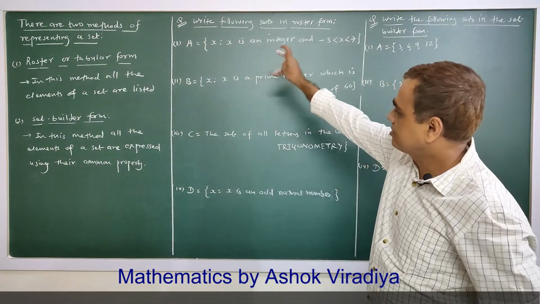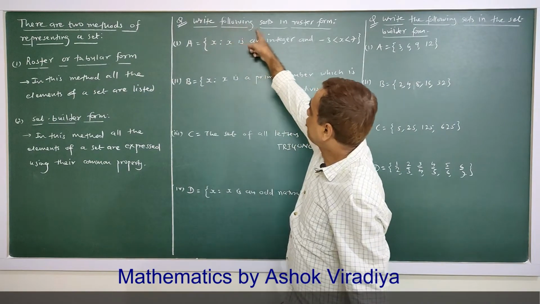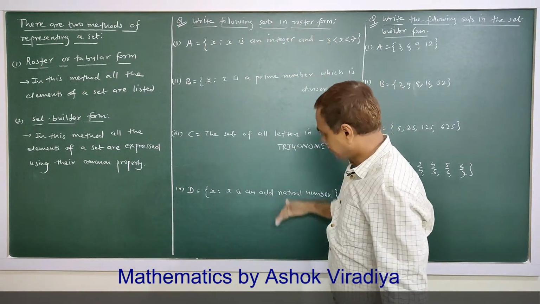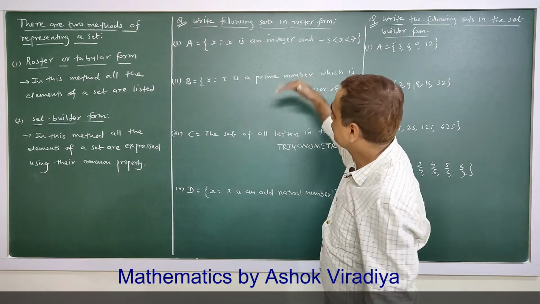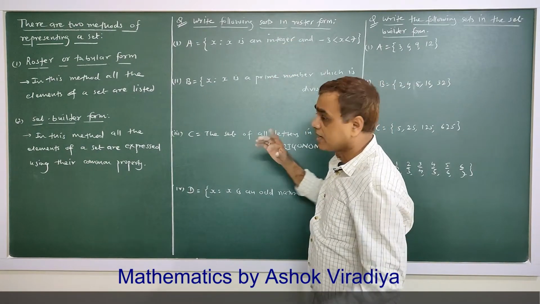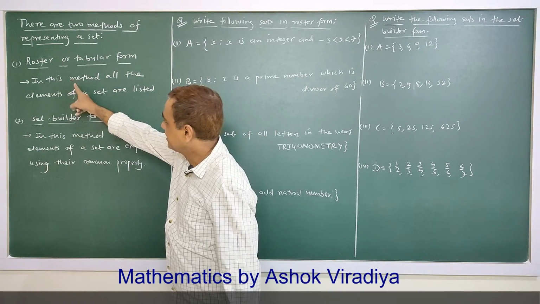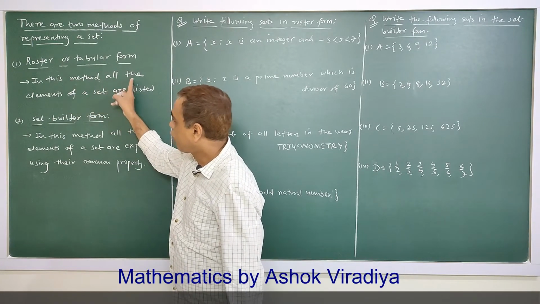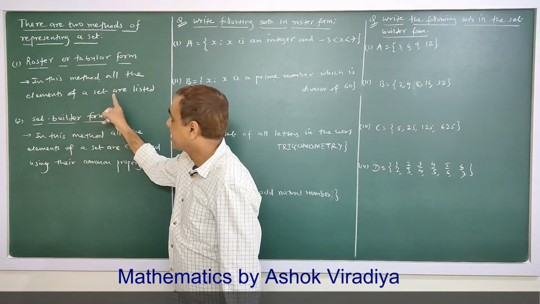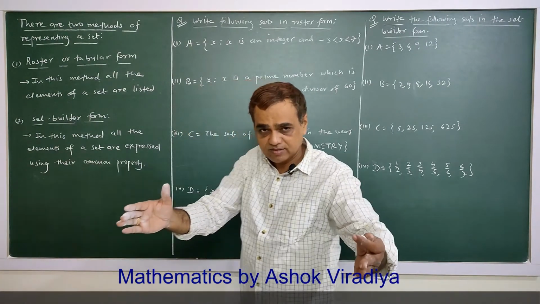Here, the question is, write the following sets in roster form. Now what does roster form mean? Roster form means in this method all the elements of a set are listed.